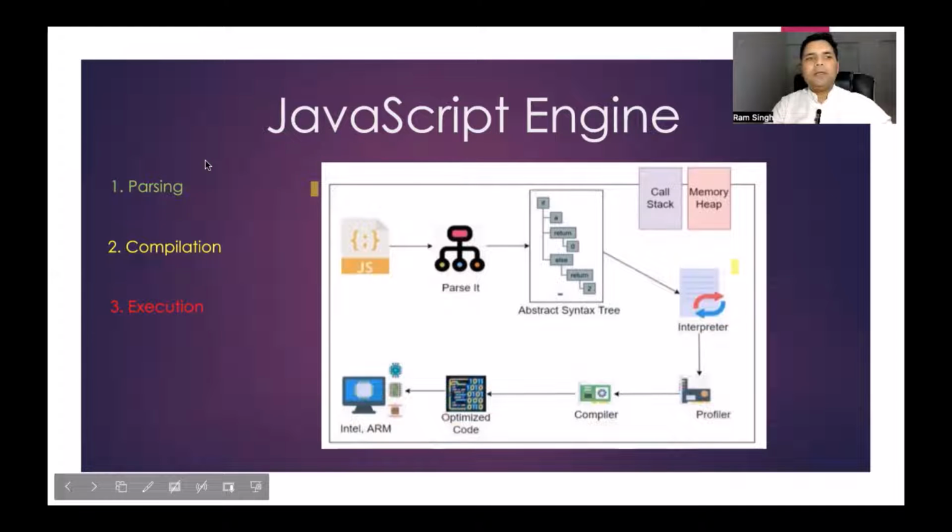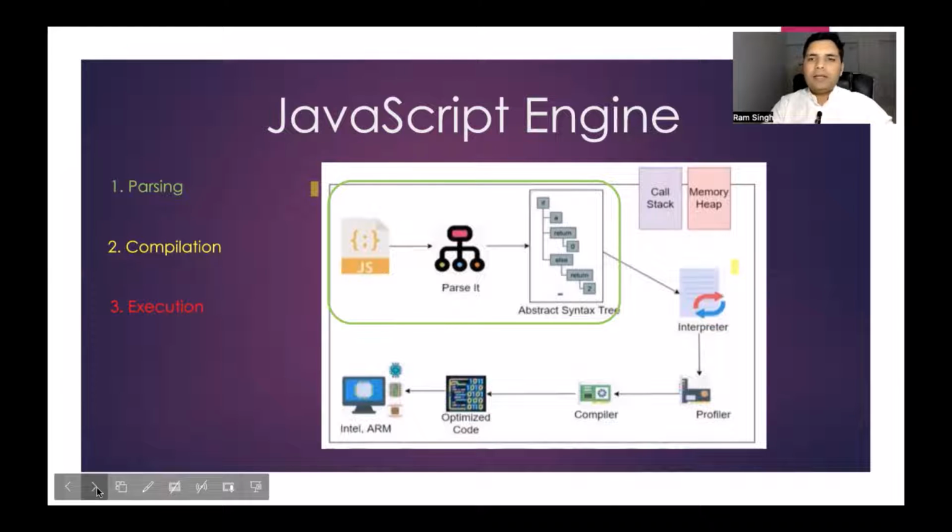The first phase I covered is parsing. In the parsing phase, I covered how your file comes inside the JavaScript engine and how it is parsed to the abstract syntax tree level.